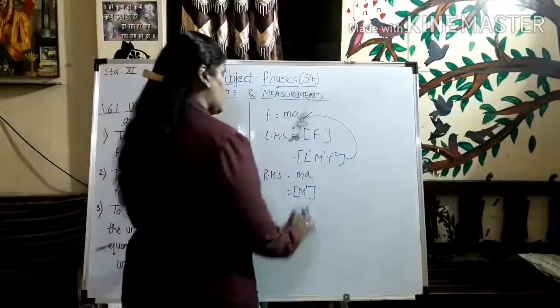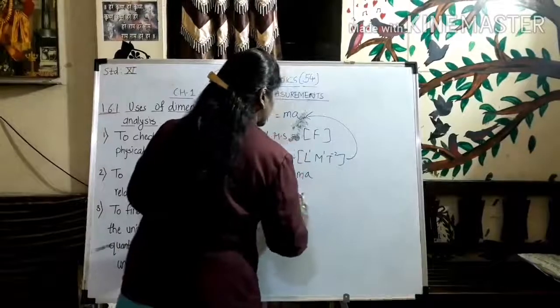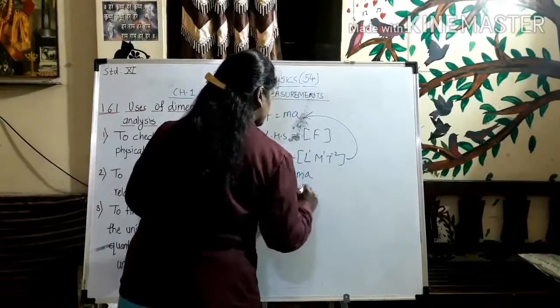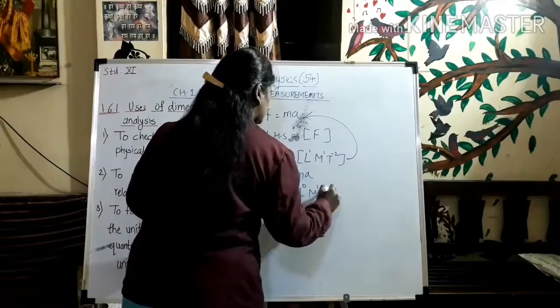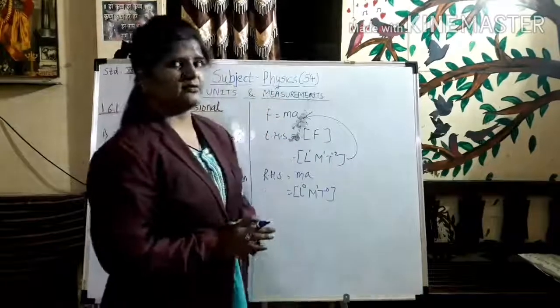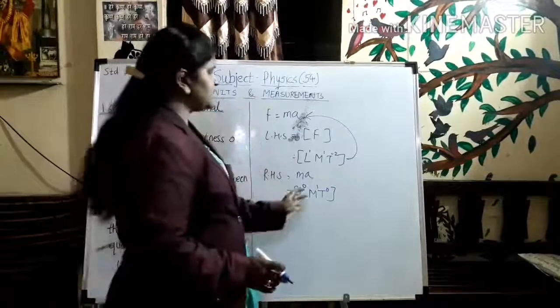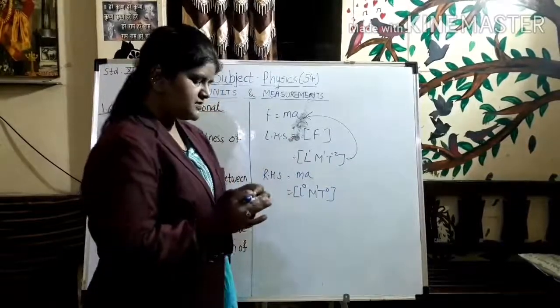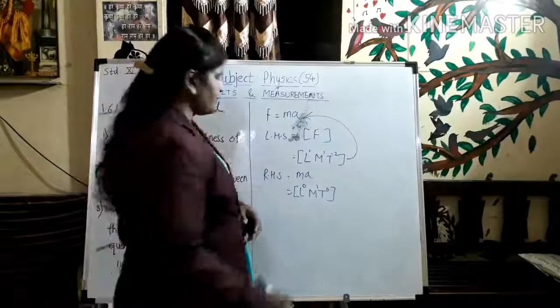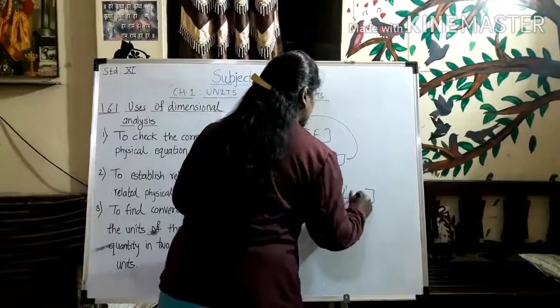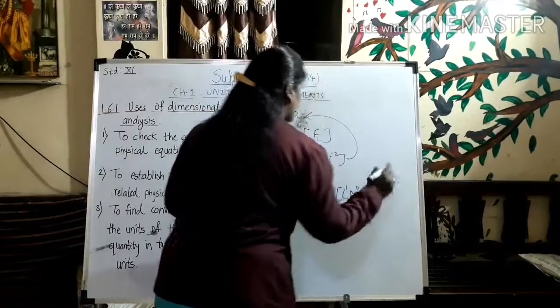Or you can also write it like this: [L0 M1 T0]. In this way also you can write, because as the power is 0, there is no physical quantity like length and time. Then the dimensions for acceleration is [L1 M0 T^-2].